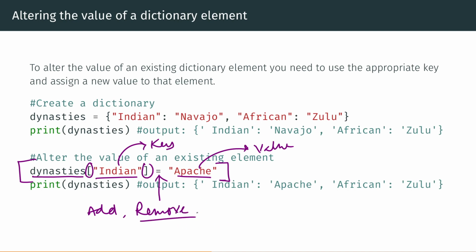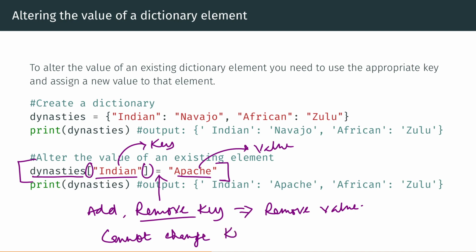Removing a key automatically implies removing the value as well. It's not like you remove the key but the value is still there. So you can add key value pairs, you can remove key value pairs, but you cannot change the key for a value. The only way to do it would be to add a new key value pair with the new key.